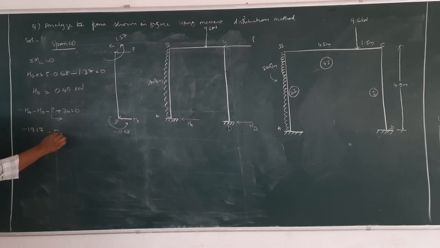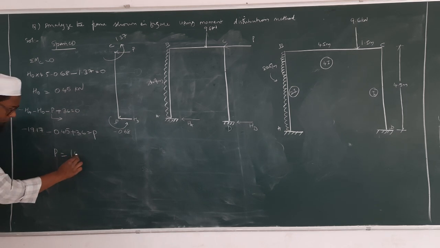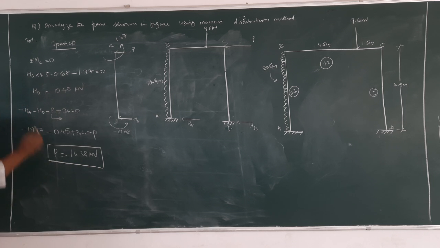Then minus 0.45 plus 36 is equal to P. So what is the value of P now? 36 minus 19.17 minus 0.45, that is 16.38 kilonewton. Okay, we got the value of P now.